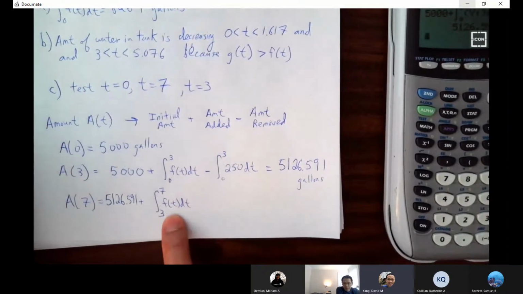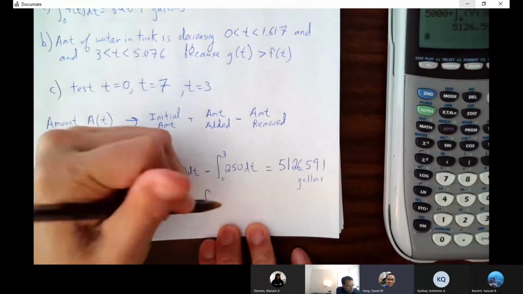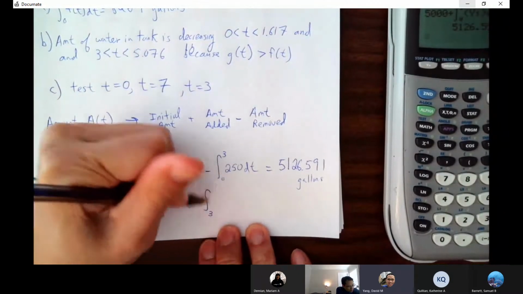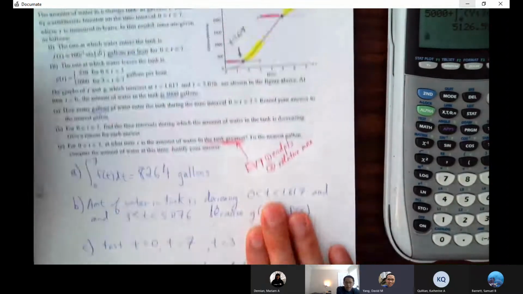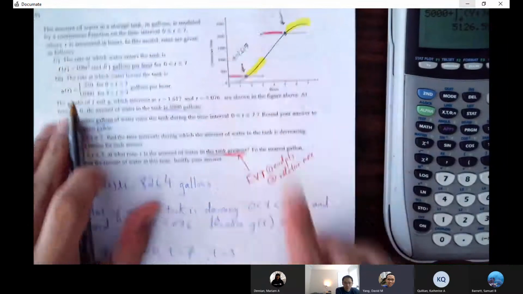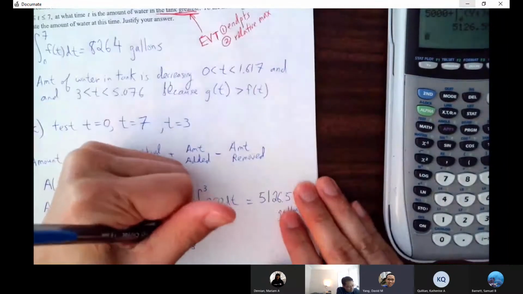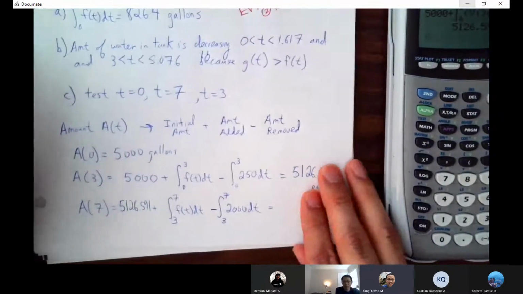That's the integral of f of t from 3 to 7. And then we're going to subtract out however much water has been removed in that 4 hour period. And that's a different rate, right? Because all of a sudden we have more water leaving the tank, 2,000 gallons per hour. Okay, so that's a little bit cleaner here.